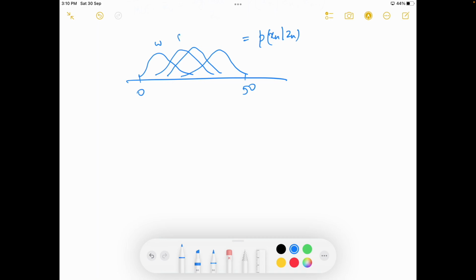Winter, spring, rainy, summer, just some approximation. Now if I tell you today the temperature is this much, what season is it? MLE. Tell me from MLE which season it is today.